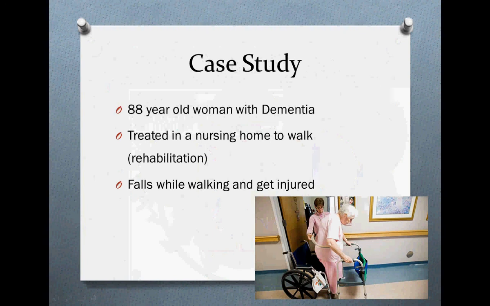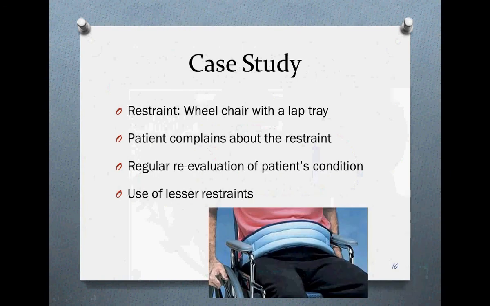And she actually refuses the treatment or the restraint. But the doctors decide against her objections to use a heavy lap tray on her wheelchair, so that she won't be able to get up on her own and walk. The patient does complain against the restraint, but the doctors have to stick to this restraint.